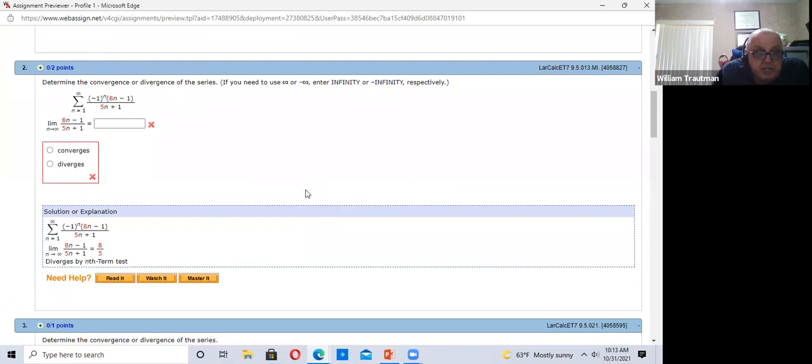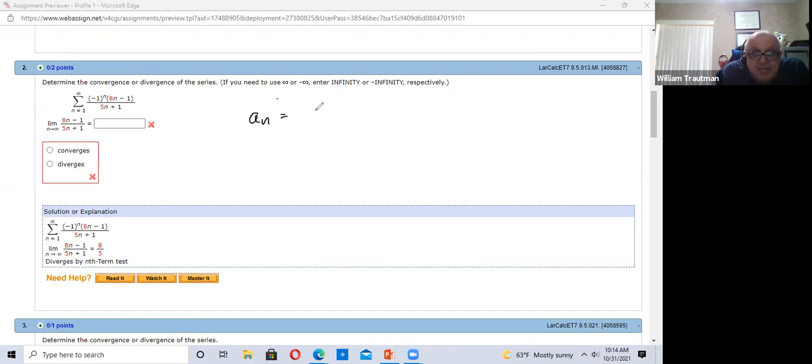That's a little tricky. If you notice, once again, the alternating series test says the a sub n has to have a limit of 0.